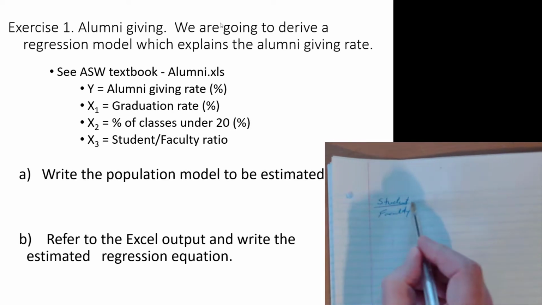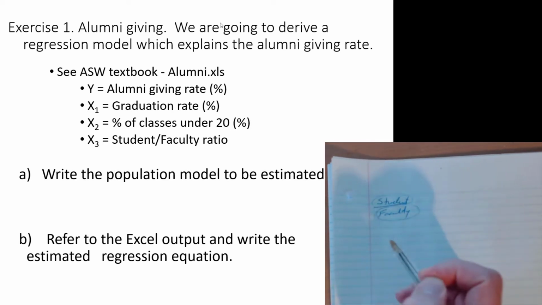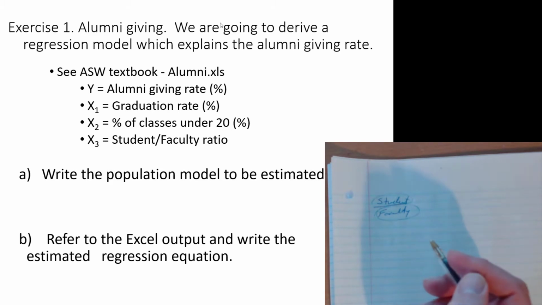As this number gets bigger, there's more students for every instructor, and so the thinking is that you don't bond to the university as much, and therefore as that number gets bigger, you're less likely to donate. So we'd expect that to be negatively related. Now we run the model and we see what's going to happen.